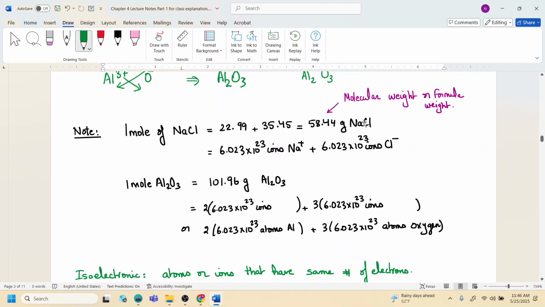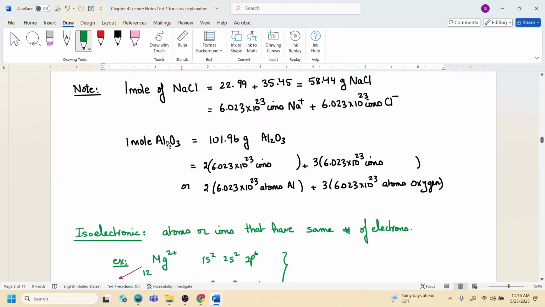We can relate this also to the number of ions in there, because I know that NaCl is made up of Na plus ions and Cl minus ions. How many? Since I'm working with 1 mole of the sodium chloride, then that is 6.023 times 10 to the 23 ions of Na plus and 6.023 times 10 to the 23 ions of the Cl minus.